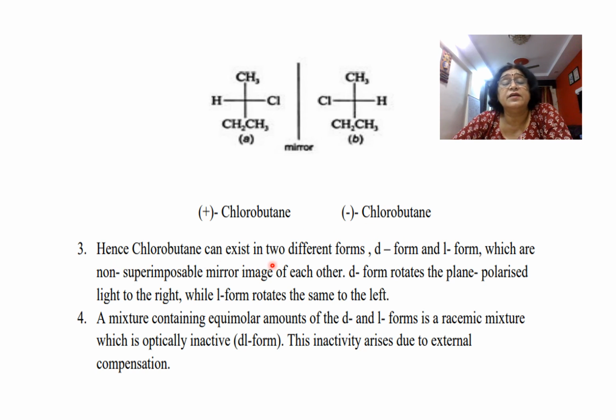And chlorobutane can exist in two different forms, D form and L form, which are non-superimposable mirror images of each other. D form rotates the plane polarized light towards the right hand direction, while L form rotates the plane polarized light towards the left hand direction. Clear? Now, an equimolar mixture of D and L forms a racemic mixture, and that is optically inactive, and this inactivity arises due to external compensation. Clear?